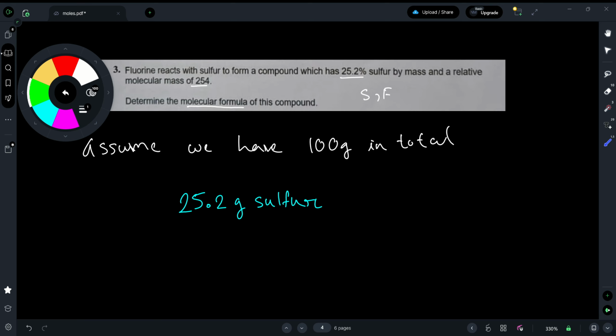So we have 74.8% of fluorine. So you can just write 74.8 grams of fluorine.